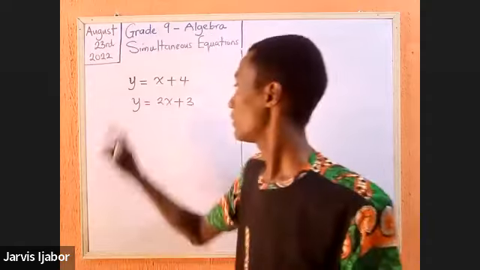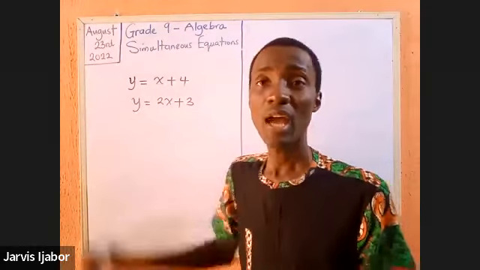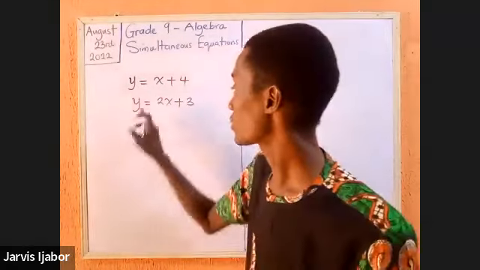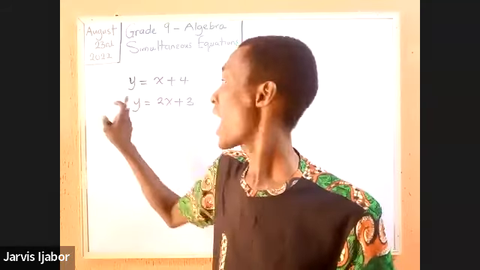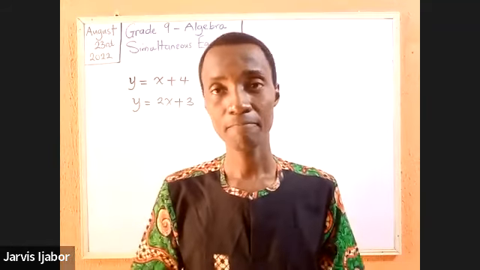The first is a linear equation. The second is a linear equation. And our task in this course is to obtain values for y and x by solving them together.